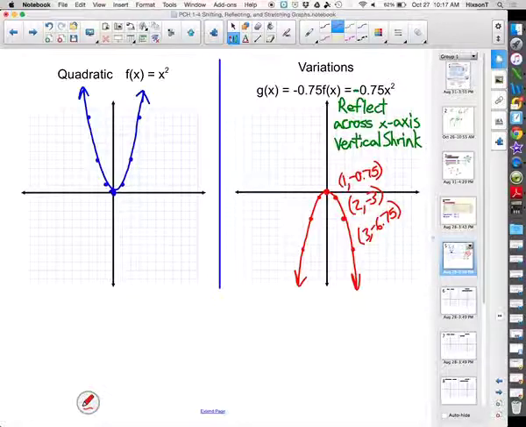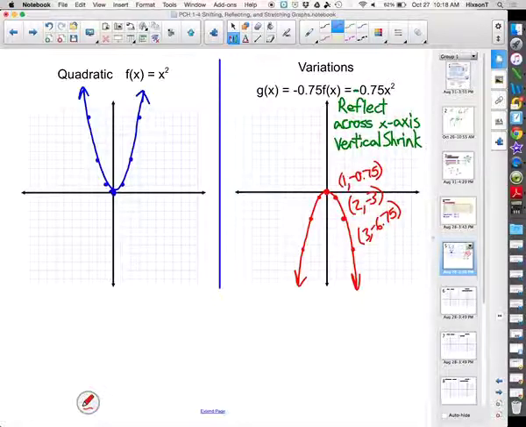Okay? And you'll see how this one isn't a real drastic shrink, I should say. But it does end up being a little bit more spread out, a little more stretched out because we've compressed it, okay?